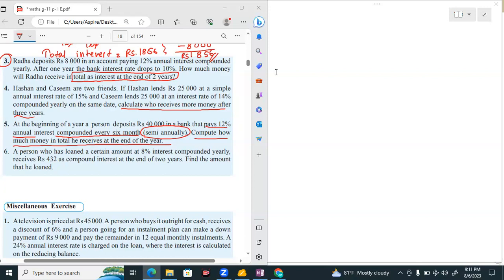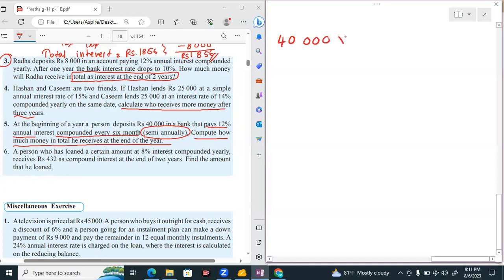Then how many semi-annuals are there within 2 years? 4. 4. Okay, likewise.